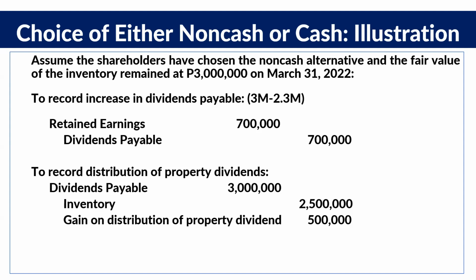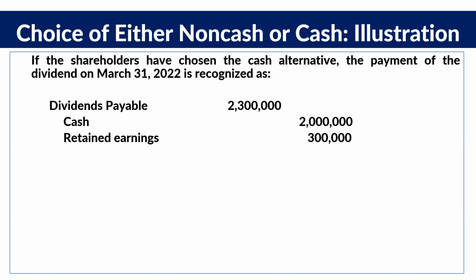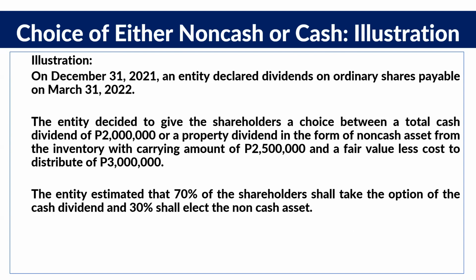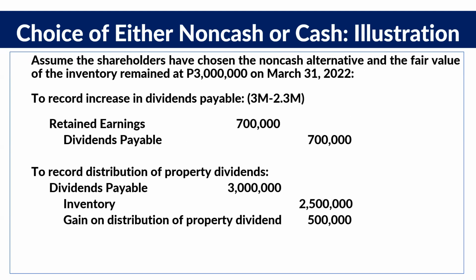To record the distribution of property dividends, we debit dividends payable, 3 million. Inventory, which was given, is at its carrying amount of 2.5 million. So carrying amount is 2.5 million, that is where it comes from. So we have a gain on distribution of property dividend amounting to 500,000.